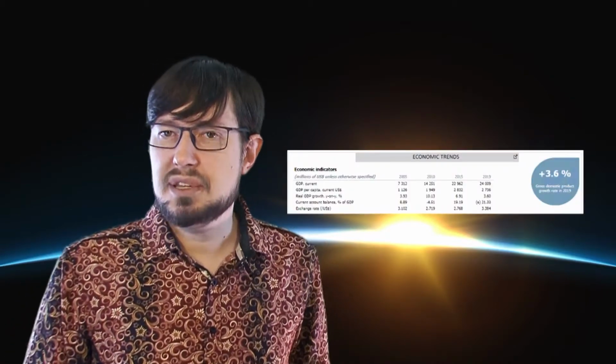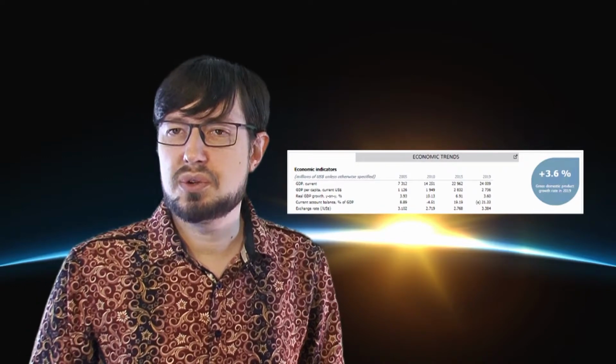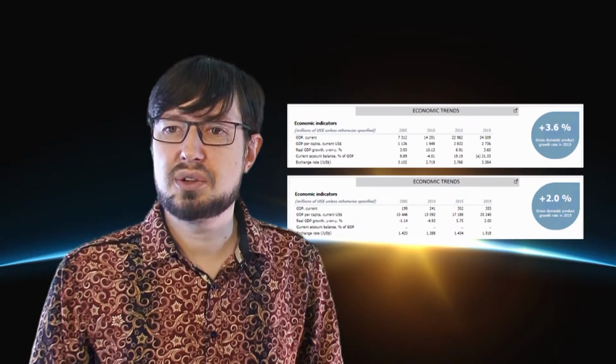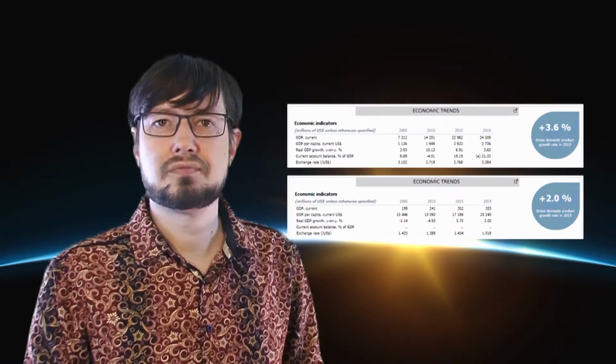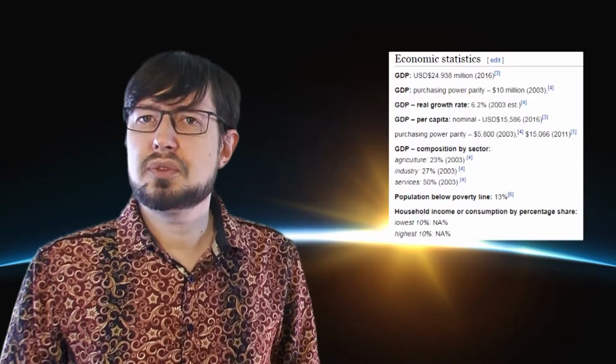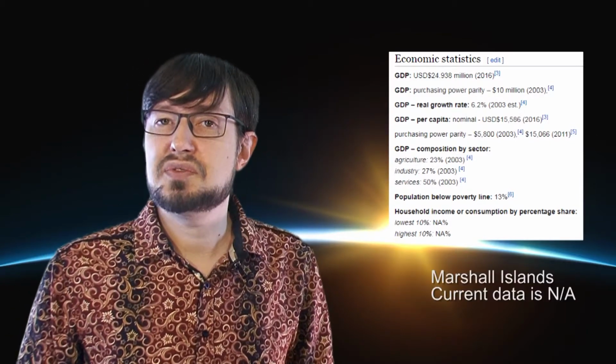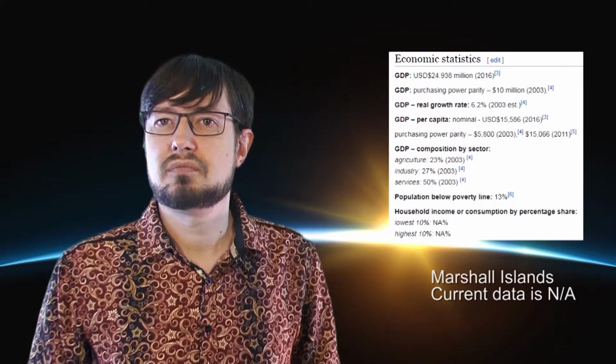The GDP per capita is around $2,700 in Papua New Guinea and $20,240 on the Cook Islands. The percentage of population below the poverty line is 13% in Niue, but it's 53% in the Marshall Islands.